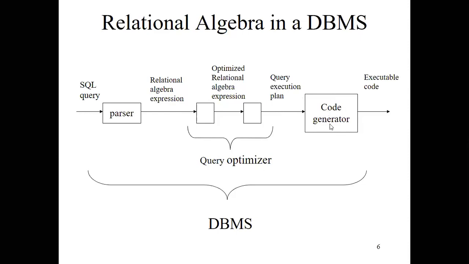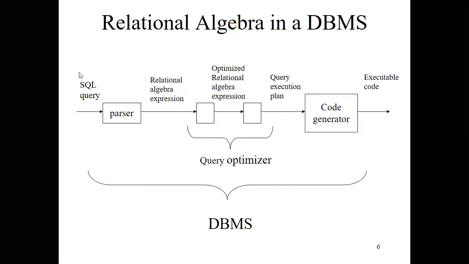Then we have a code generator. The code generator will execute the query execution plan and generate the final executable code. So these are the things in the DBMS: we have a parser, a query optimizer, and a code generator.